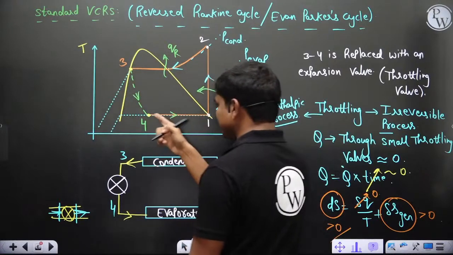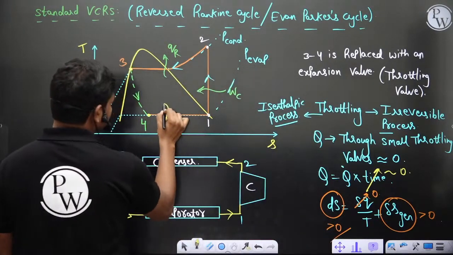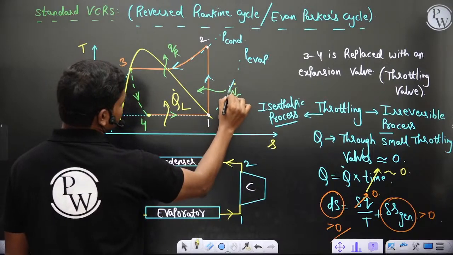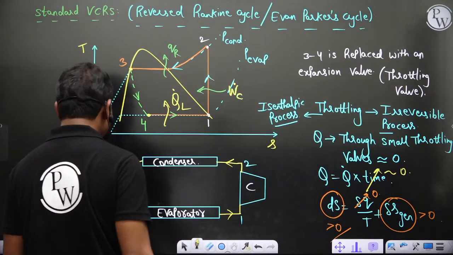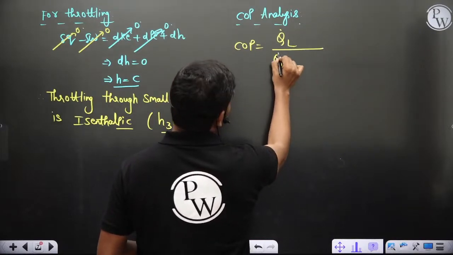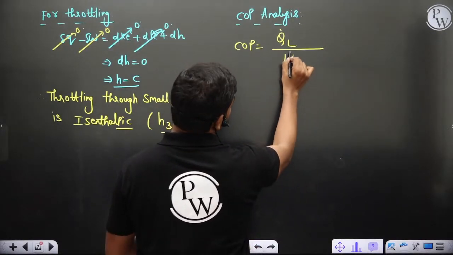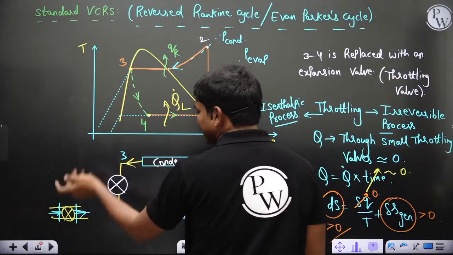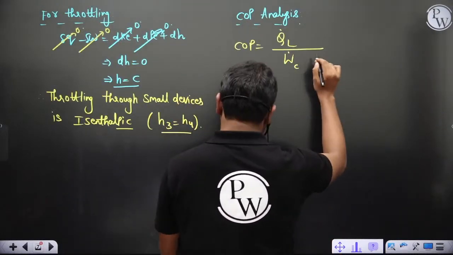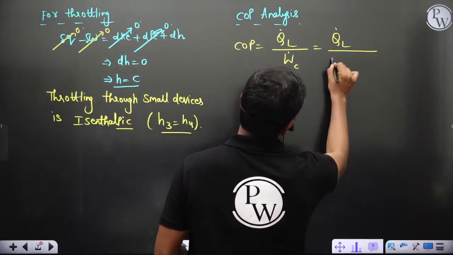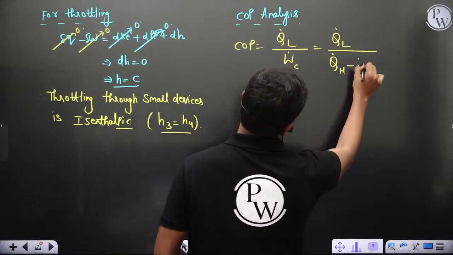Here the desired effect is the heat coming out, Q dot L, and let's say this is W dot C. Then Q dot L divided by W net, or W dot C, because we have replaced the turbine with throttling. In throttling you don't get any work output, so this can be written as Q dot L divided by Q dot H minus Q dot L, of course.